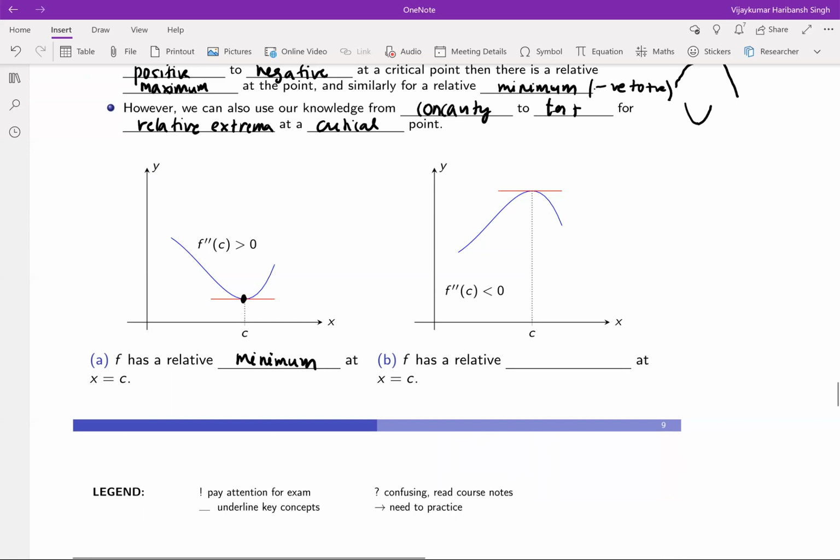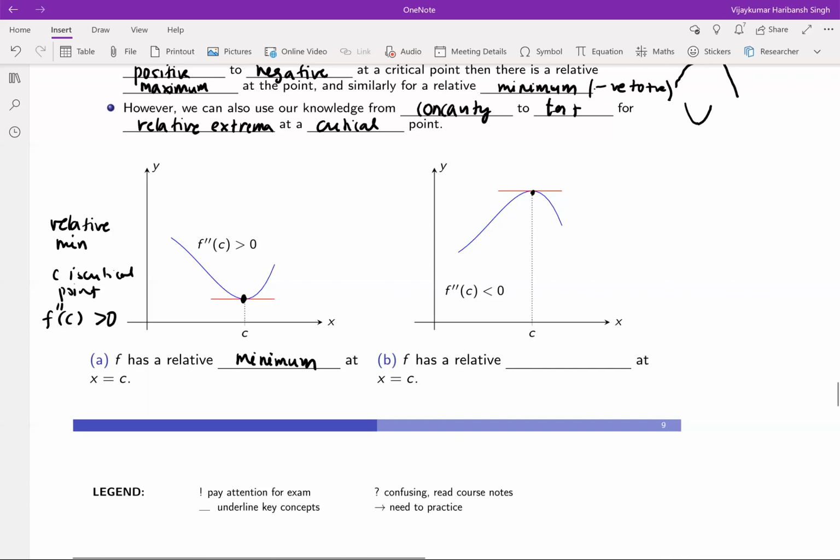So what do we need? We need that c is a critical point and f double prime of c is greater than 0, and then we get a relative minimum. Similarly, in this case, c is a critical point.